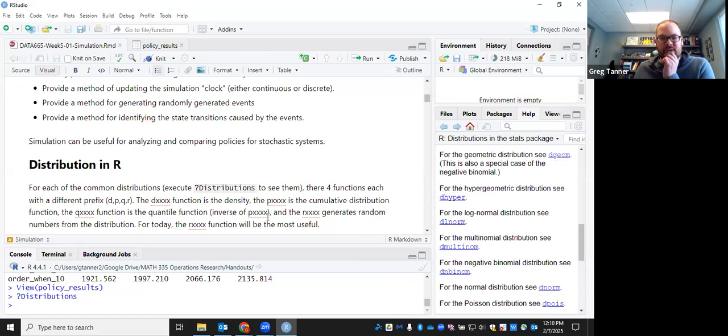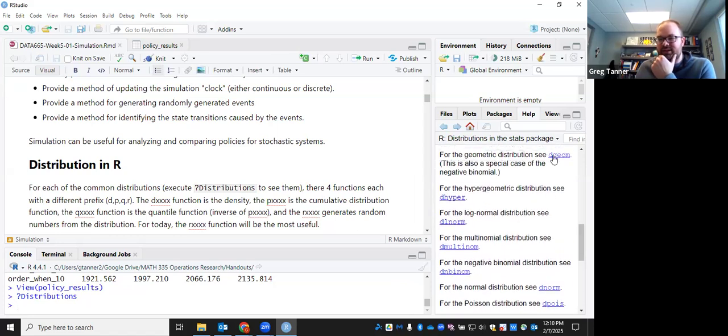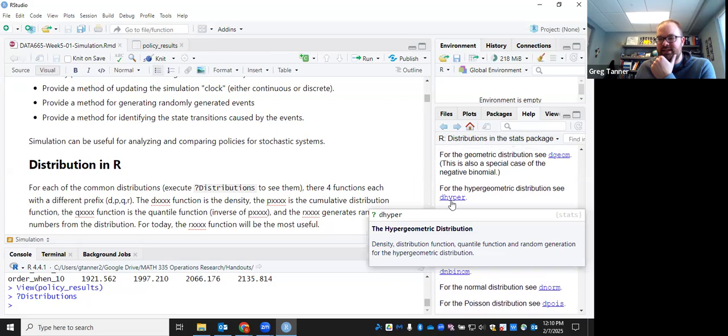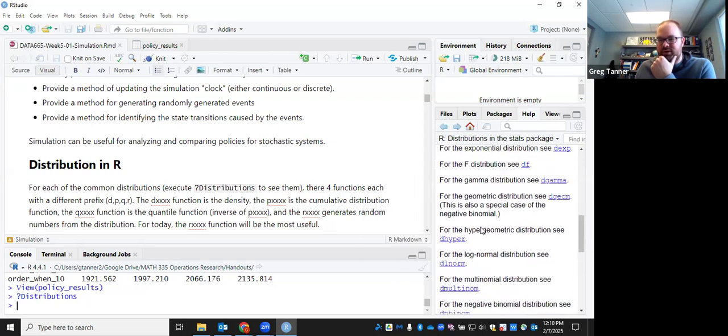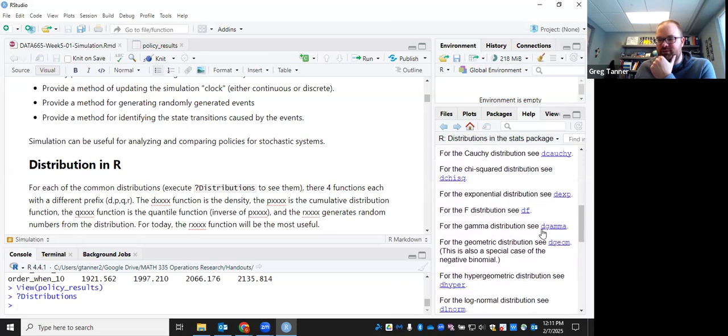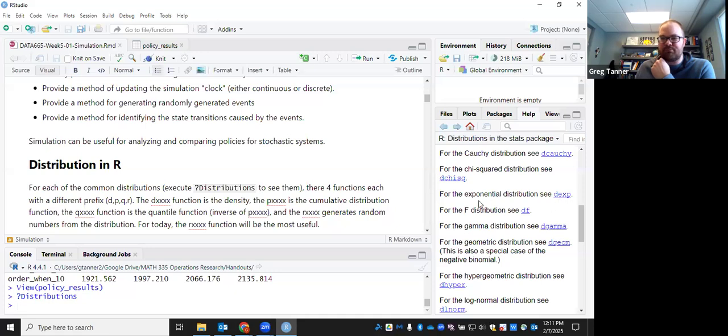The thing to know about R is that it has a standard way of dealing with most of these distributions. You'll notice that these help files have links to D and then the name of the distribution. So for the gamma distribution, there's a link to the dgamma function. For the F distribution, it's the df function. And for exponential, it's dexp. Each of these distributions has a function that will compute its density.